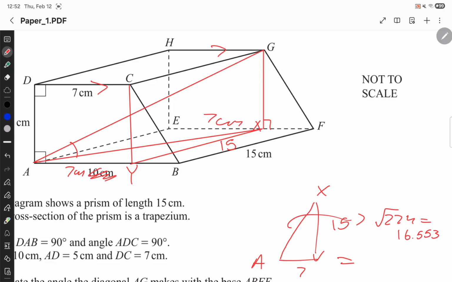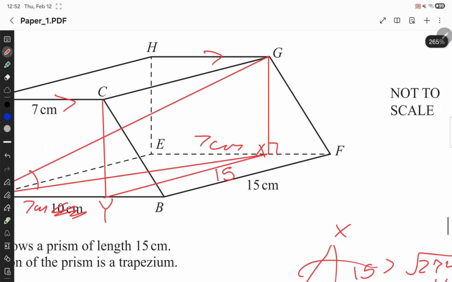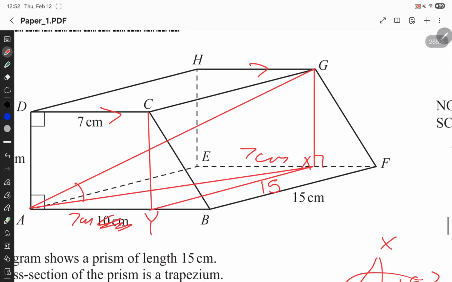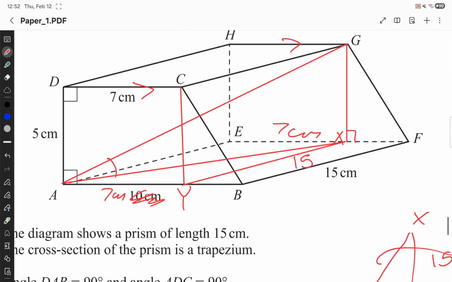So next step is to find AG. Okay, now we know that this height GX will be 5 centimeters. Why? Because since this is a cuboid, these will be the same.